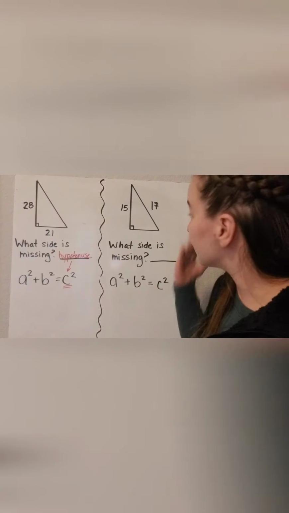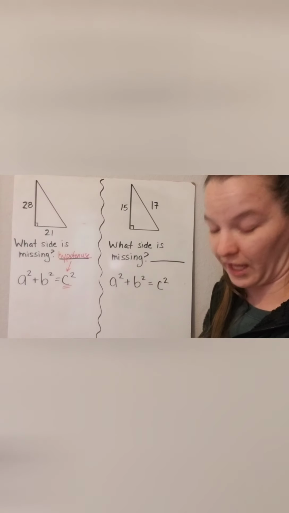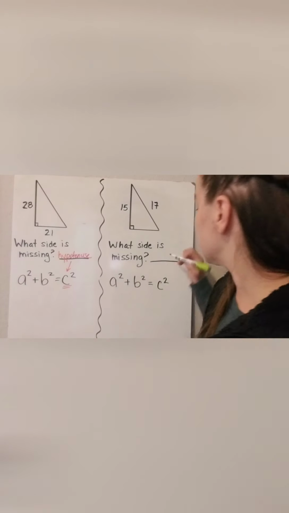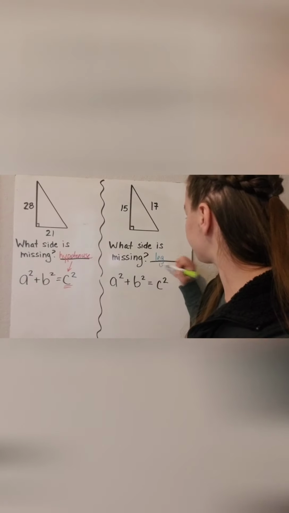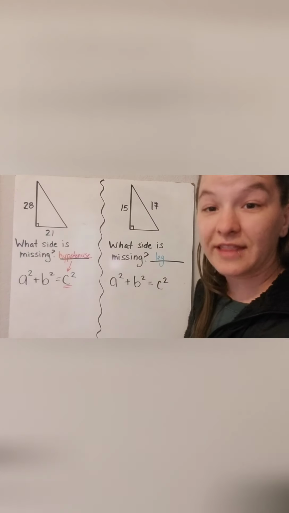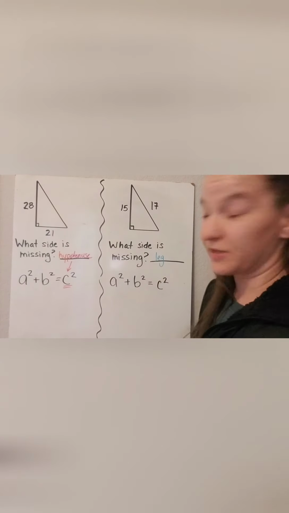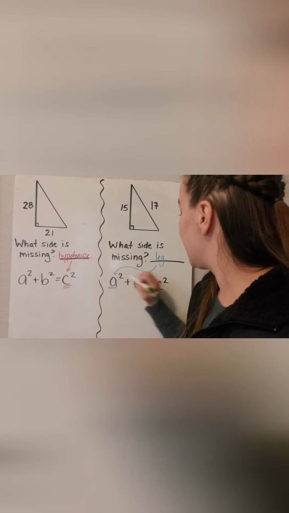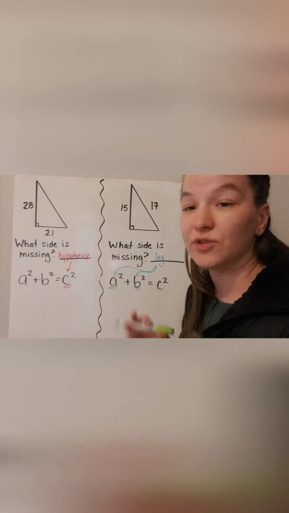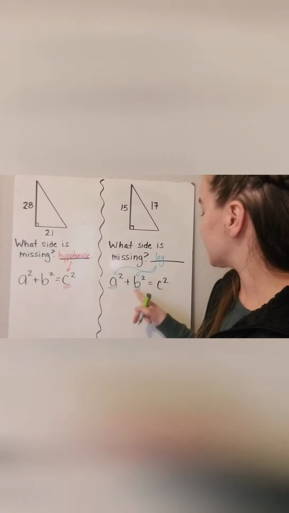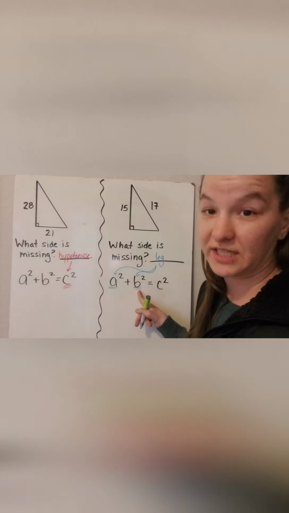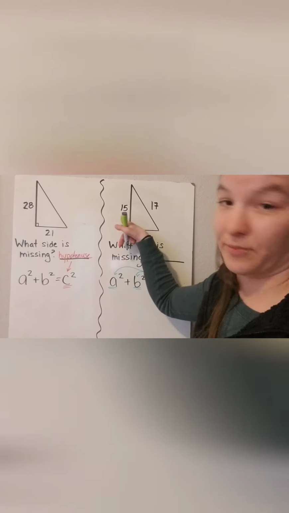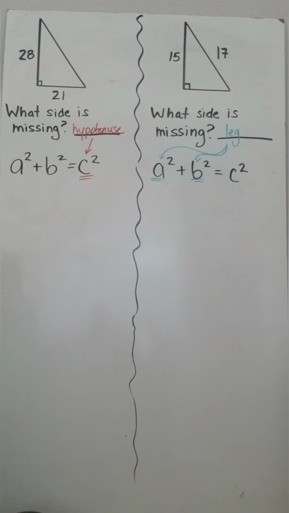So I was given my hypotenuse, so the only other thing I'm looking for is the leg. Your leg is always representing A or B in your equation. It doesn't matter which one you substitute in for, as long as the other one that you didn't substitute in for represents that other leg.